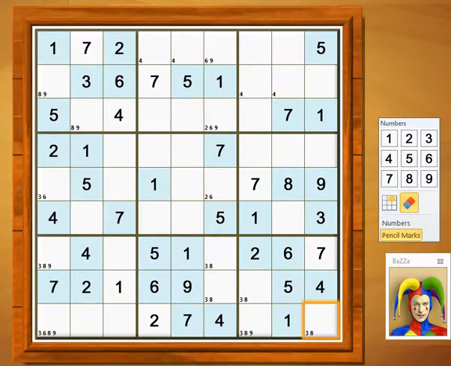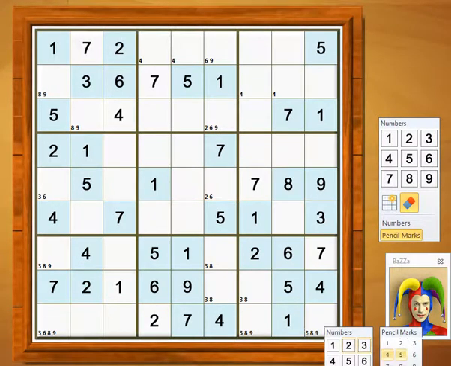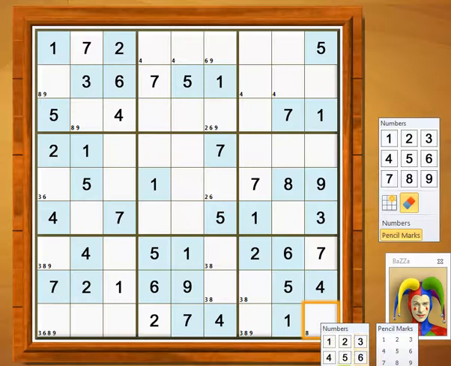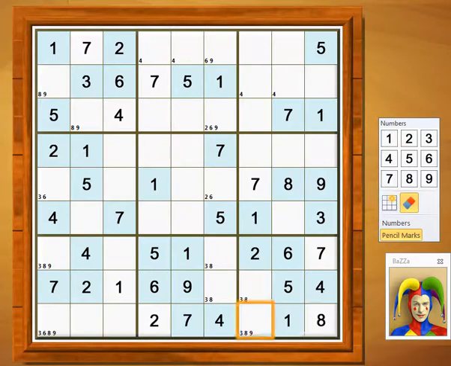Now I know you're going to say, but there's already a 3 there. So we'll take that 3 out. And there's already a 9 there. So if we take that 9 out, it only leaves the 8. So that is the 8.